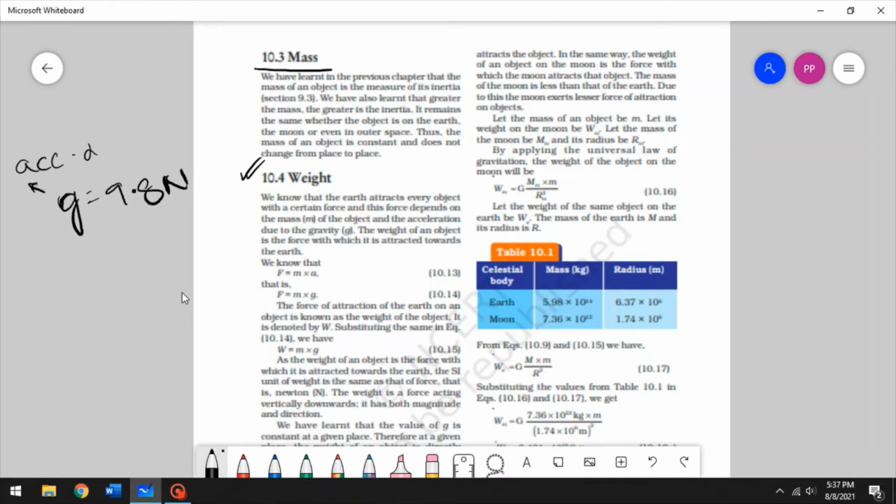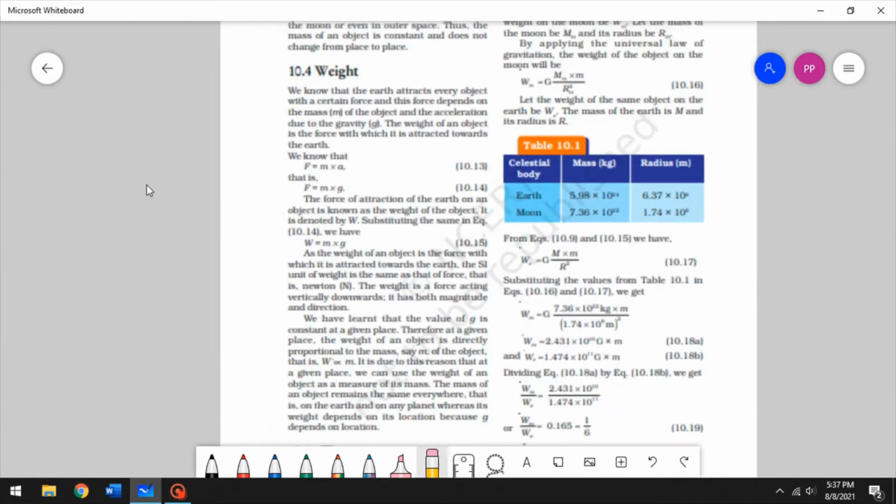So that's 9.8, and F is equal to ma. That's what we learned in the previous chapter. Since we were able to replace all the a's with lowercase g's, we can also say F is equal to m times g. That is the force exerted is the product of the mass of the object and its acceleration due to gravity.